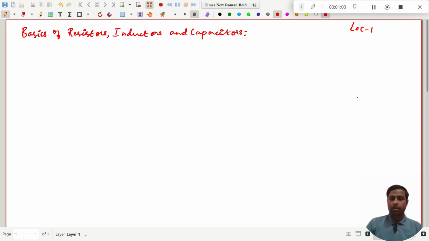So, what is the importance of these three elements in an electrical network? If you take any electrical network, all the parameters are transformed into these three elements.